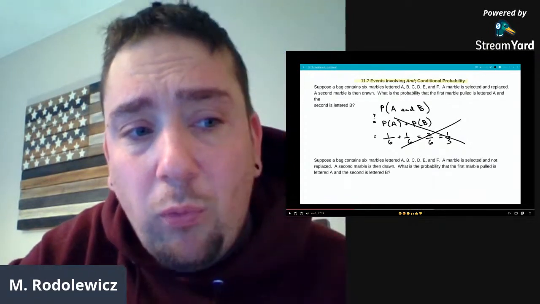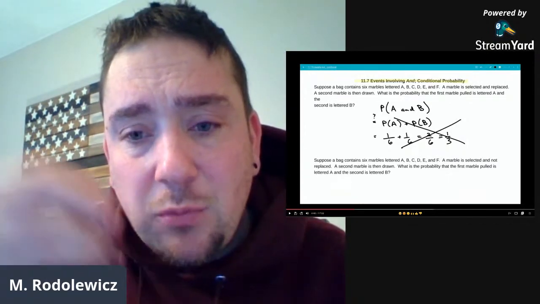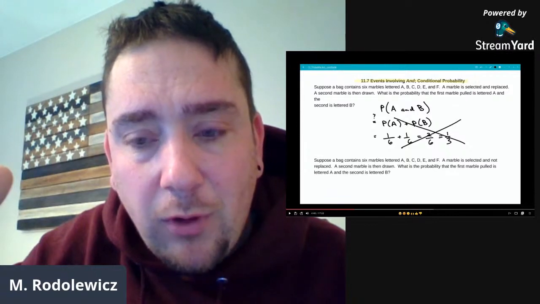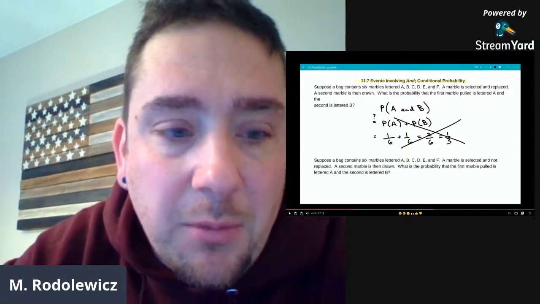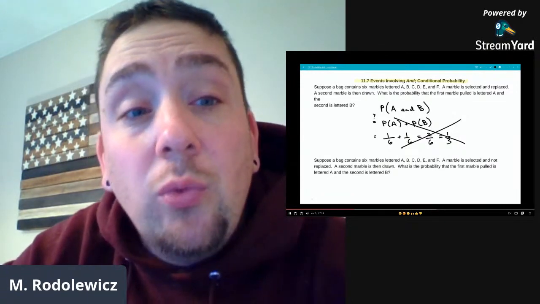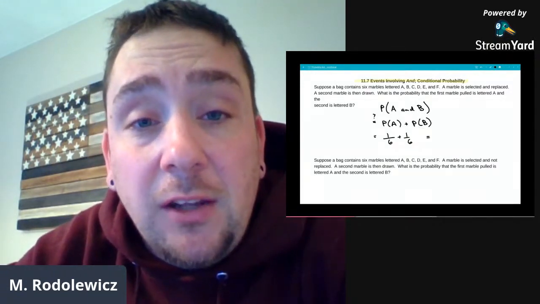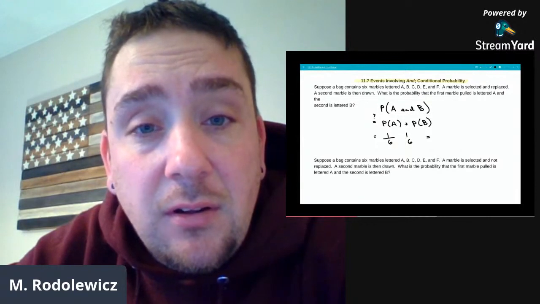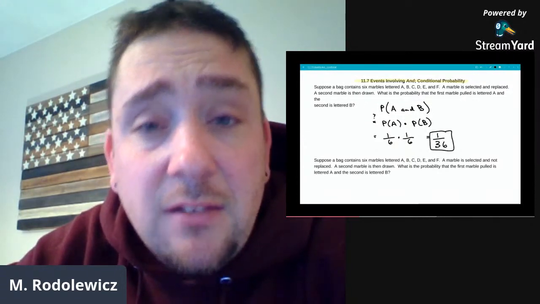Well, there's one way to get an A, and there's one way to get a B. 1 times 1. So kind of spoiling it ahead here, but when you are calculating probabilities containing the word and, it's likely that you're going to be using multiplication, but it's not a guarantee. I'll get to that in a second.